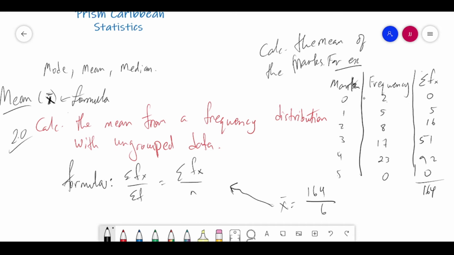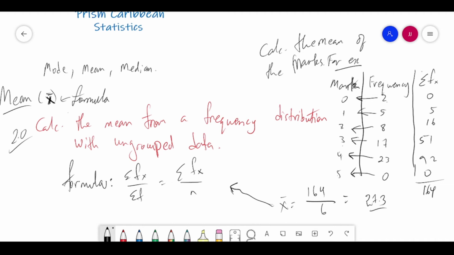We have 2 persons who scored 0 marks, 5 persons with 1, 8 with 2 marks, 17 with 3, 23 with 4 marks, and 0 persons obtaining 5. So that's 1, 2, 3, 4, 5, 6. And that simple calculation will give us the average to be 27.3.